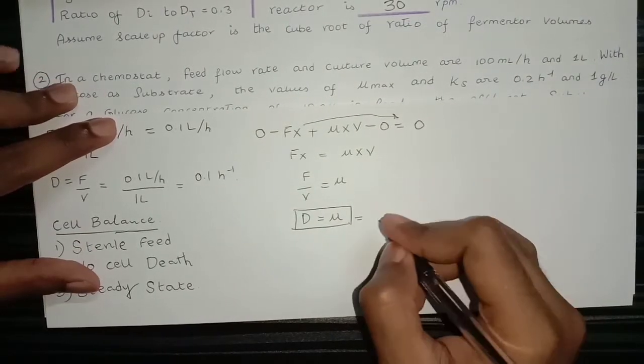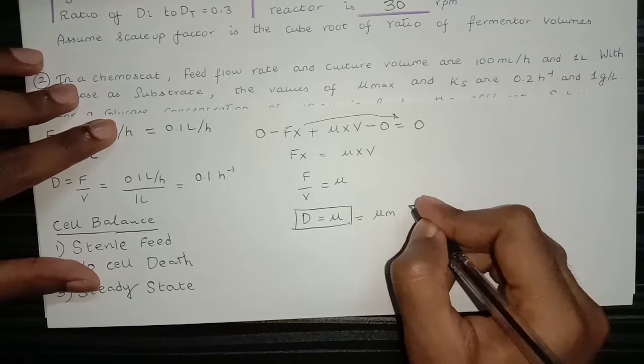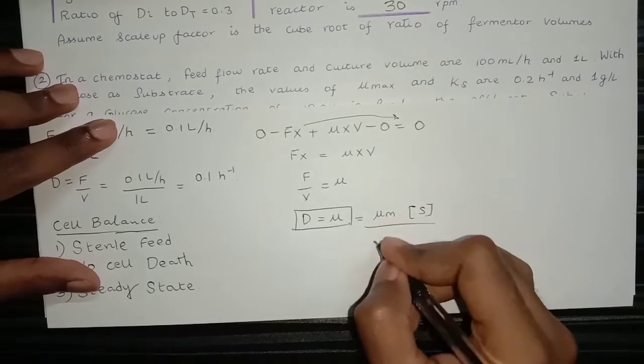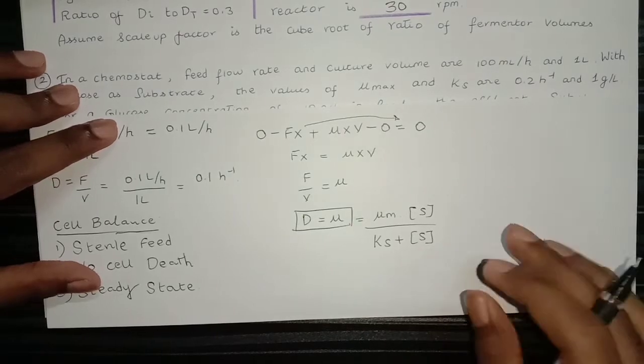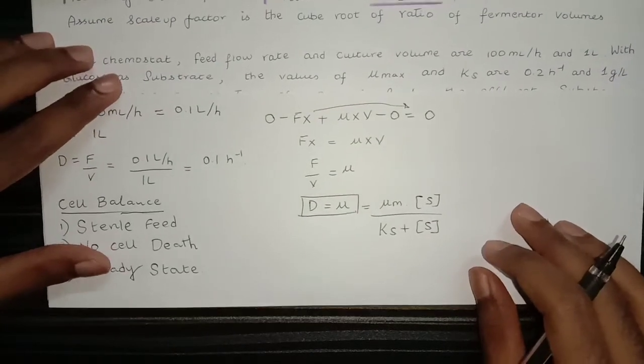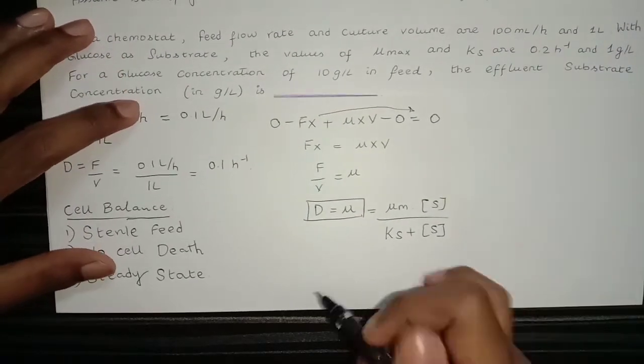But mu is equal to mu max times the concentration of substrate divided by Ks plus S, which is nothing but the Monod kinetics model for cell growth.